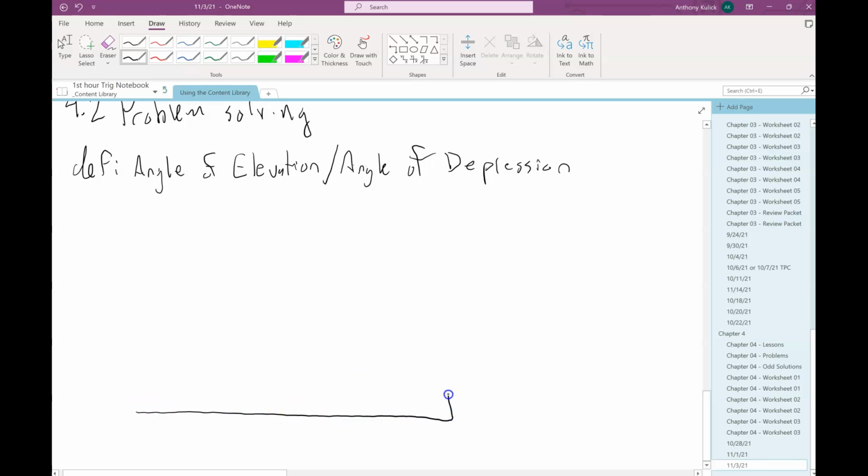So imagine that we have one person standing on the ground, one person standing at some elevated position. When we're just standing normally, we look straight ahead, like our line of sight is just straight ahead.